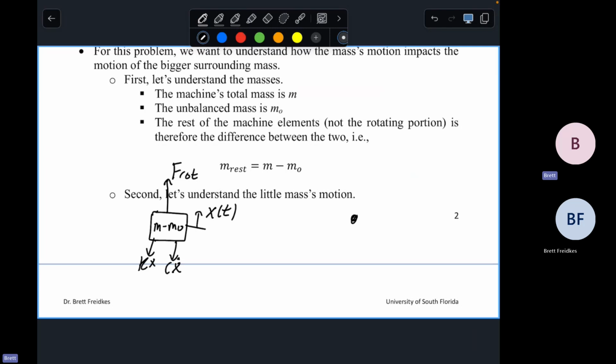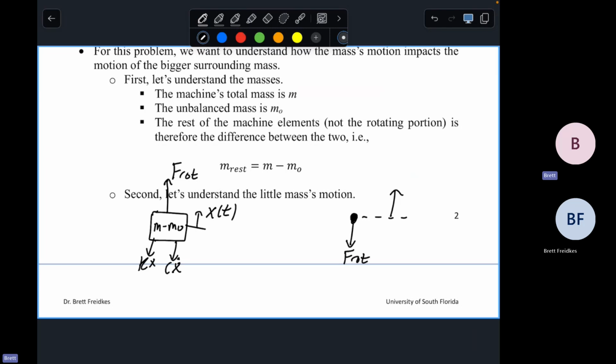Then if I look at the point mass itself, the only force acting on it is the equal and opposite force of the rotation. So you end up with this force going down. In regards to its position, what is its position? We'll deal with that specifically in a second.